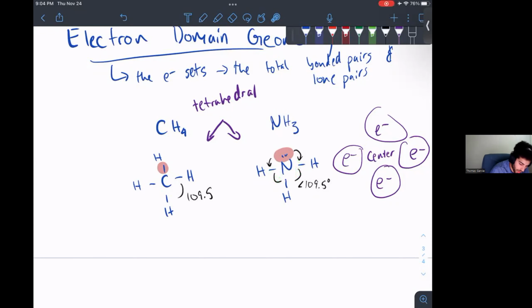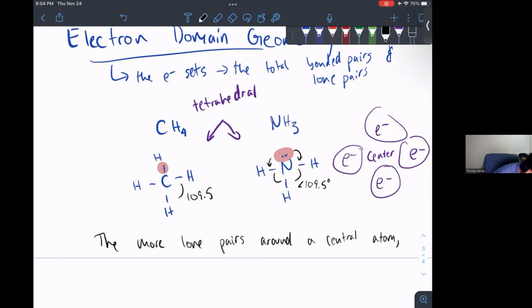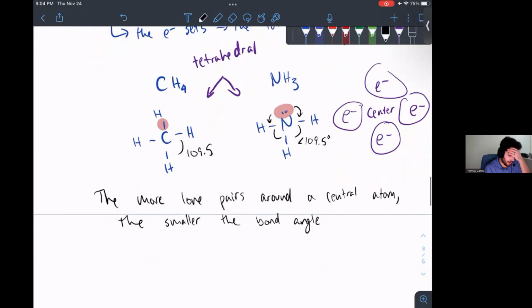And the more lone pairs around a central atom, the smaller the bond angle. That's just the way that it is.